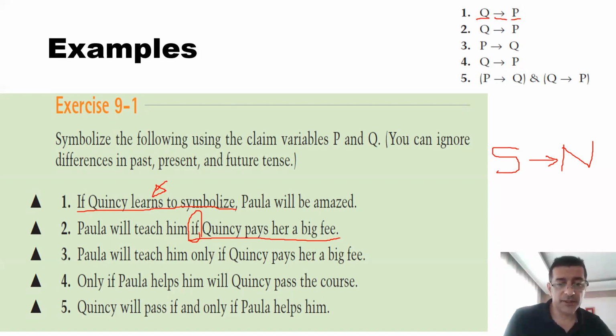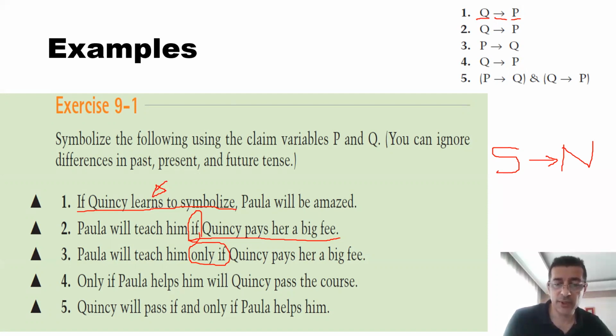What about this one? This one, as you can see, we are having only if, right? Paula will teach him only if Quincy pays her a big fee. So remember, only if introduces a necessary condition. And where does a necessary condition appear? If we just want to write the conditional, that appears in the second position.